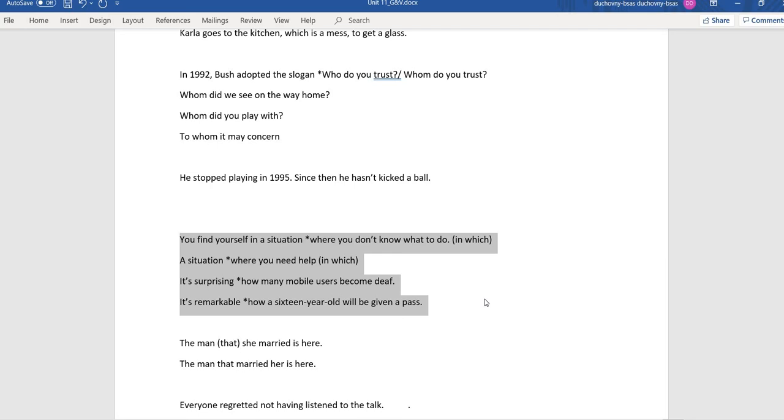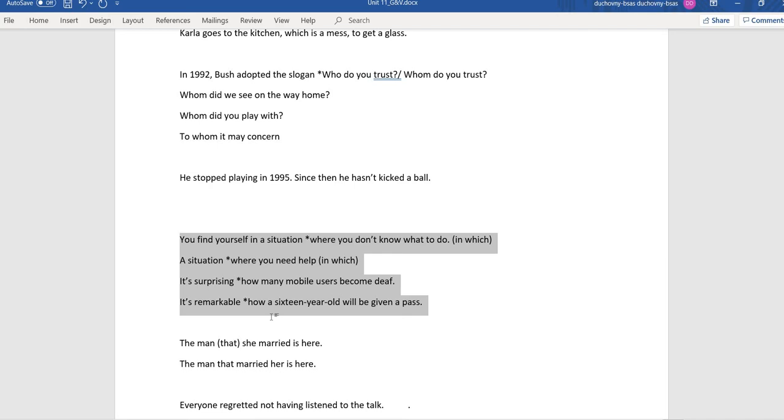Another kettle of fish. You find yourself in a situation where you don't know what to do. And actually, a situation where is not possible because where is not a place. So actually what you mean is a situation in which, right? A situation where you need help. And you hear this a lot. I will take this as informal, right? But it's a situation in which, and a similar thing is happening with how.